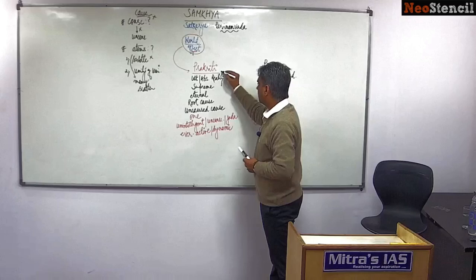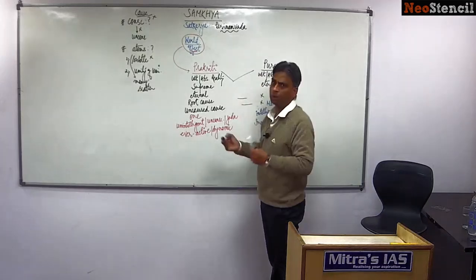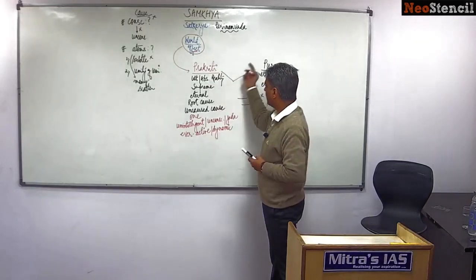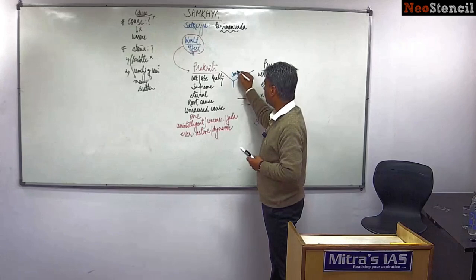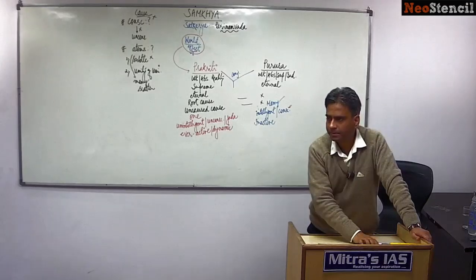Prakriti has its own purpose, Purush has its own purpose. We will see what is that purpose. To realize their purpose, Prakriti and Purusha conjugate. And because of this conjugation, we have what? Creation.